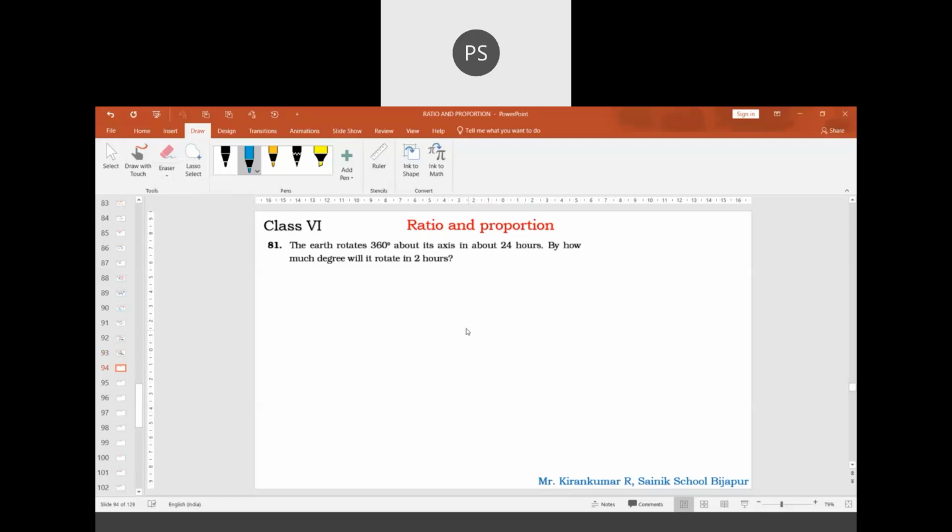Question 81. Earth rotates 360 degrees about its axis in 24 hours. How do you get 30 degrees?